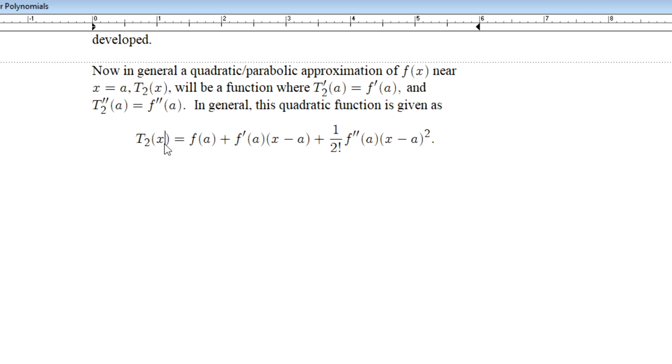X is the independent variable in our function, just like it was back in our linear case. And again, a is the value we're going to be near in our approximation. Those two factors are multiplied by 1 over 2 factorial, or divided by just the value of 2 factorial.